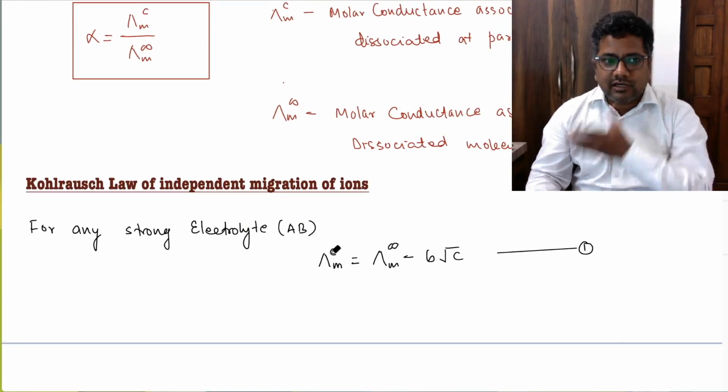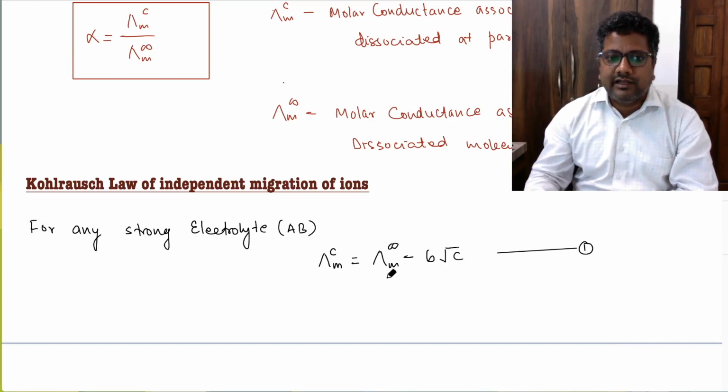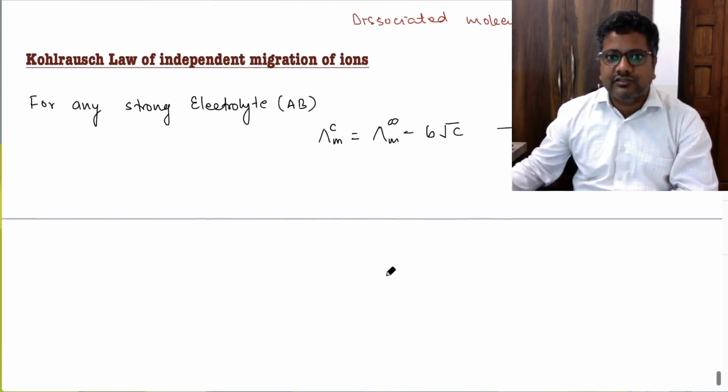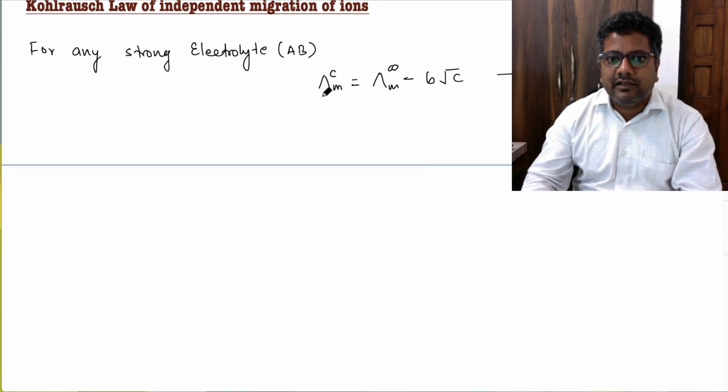This is the molar conductance at a particular concentration C, and this is at infinite dilution. B is a constant determined experimentally, and it is positive, not negative. So this is always positive.